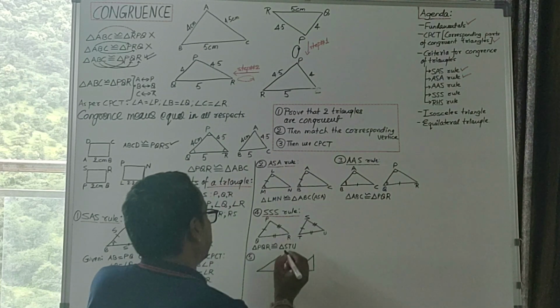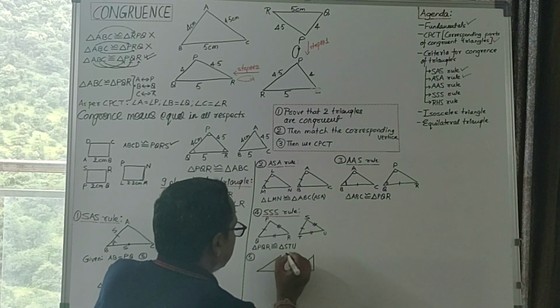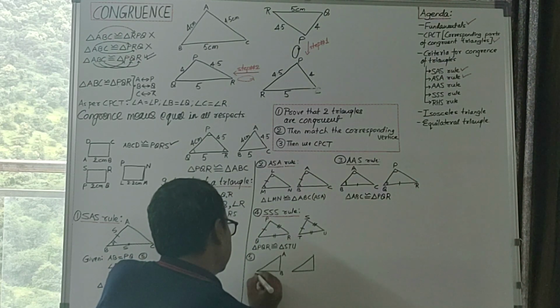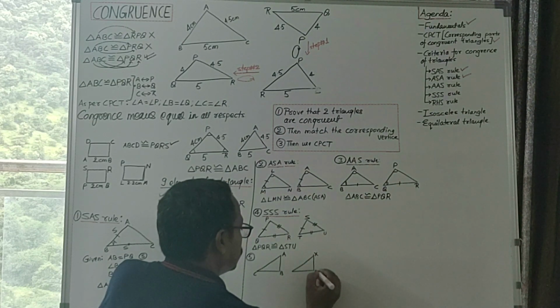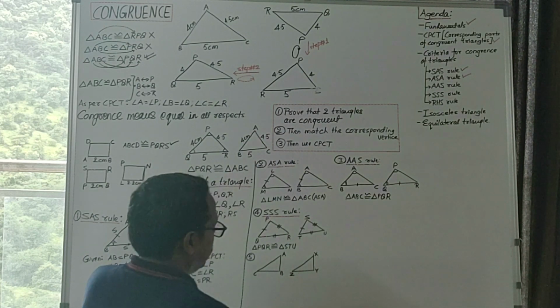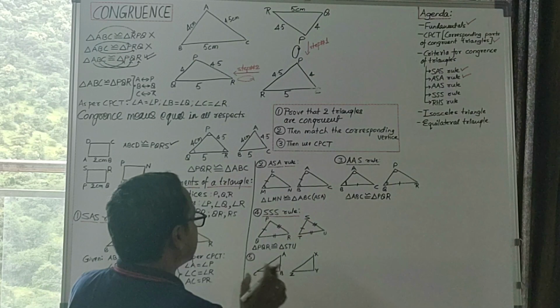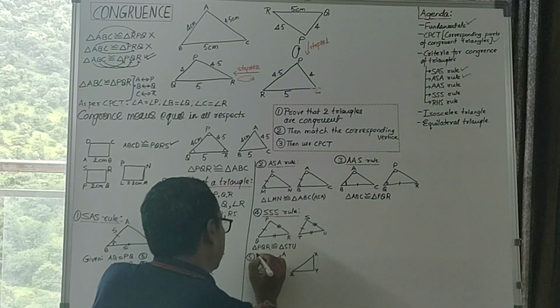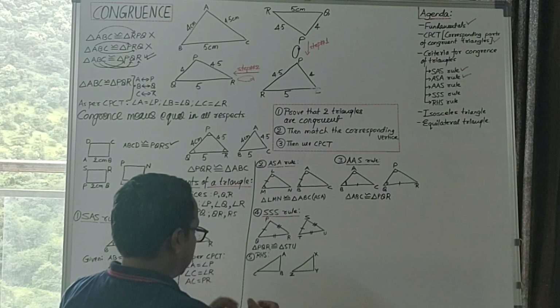Let's name it A, B, C and X, Y, Z. This is called the RHS rule. I forgot to write it here. It is called the RHS rule.